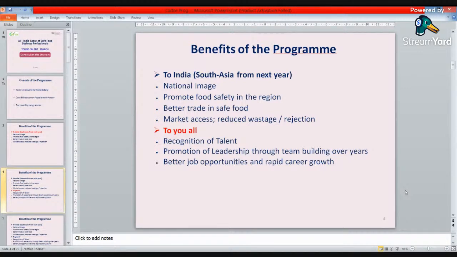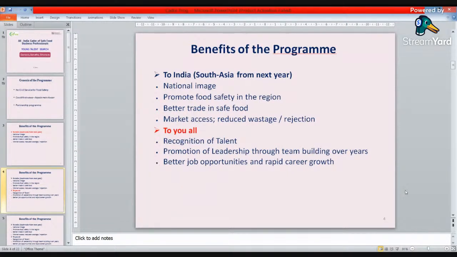Not all will be women. Several of you will be women, and several of you will also be men. But if we keep adding 80, 50, 100, 150 people every year, over a period of 10 years, we can create a pool of 1,000 people with better job opportunities.